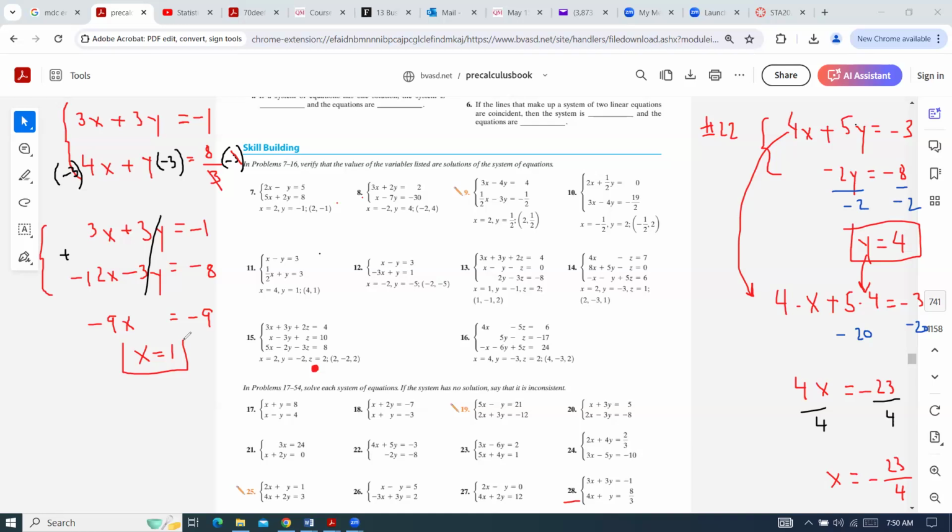So the question is now, which equation should I use to find y? And definitely not the second equation, because the second equation has the fraction 8/3 in it. It doesn't matter which equation you use, so I will try to do it the simpler way to not encounter fractions. And 1 instead of x, I'll put in the first equation.